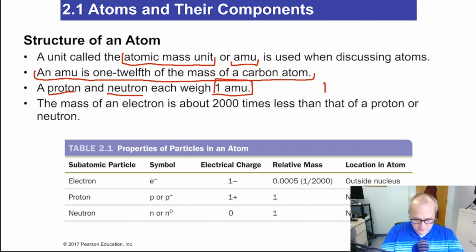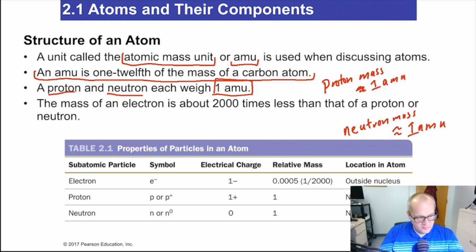So proton mass equals 1 atomic mass unit. Now this is approximate, not really equal to, approximately. And a neutron's mass is also approximately 1 AMU.